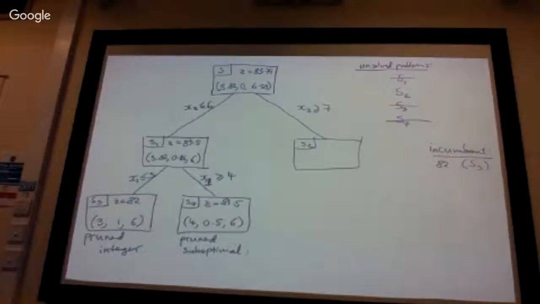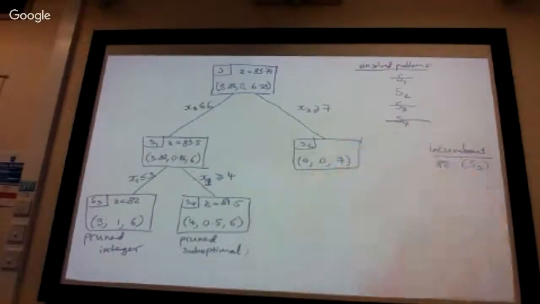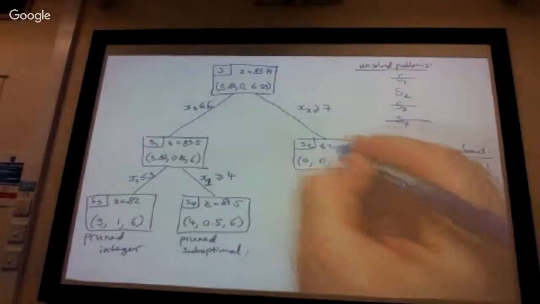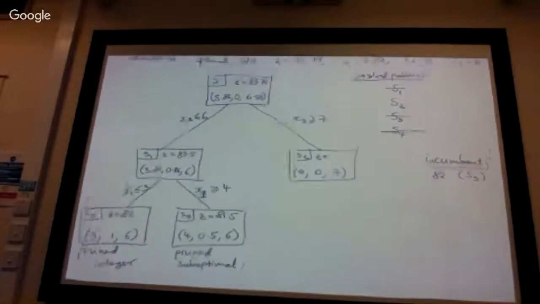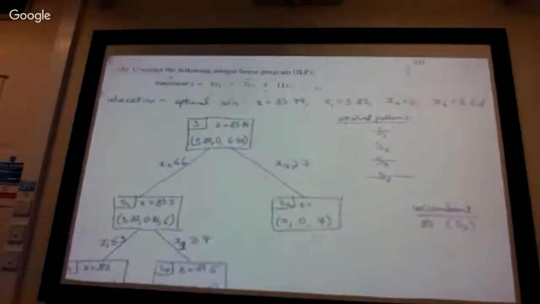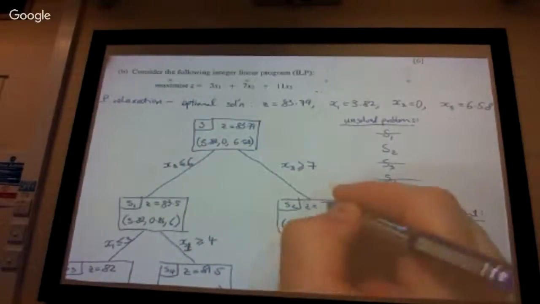I need to make x3 greater than or equal to 7. I get 0, 0, 7. And Z in this case is kind of easy. 0, 0, 7, so it must be 77.